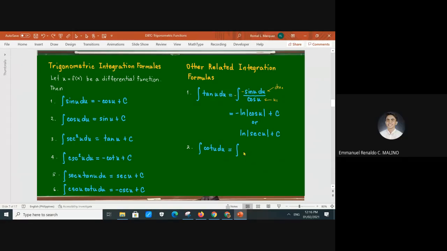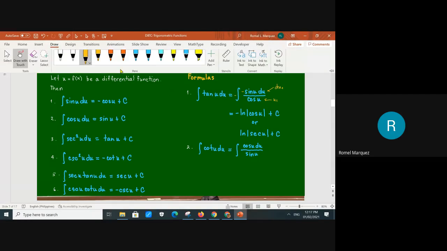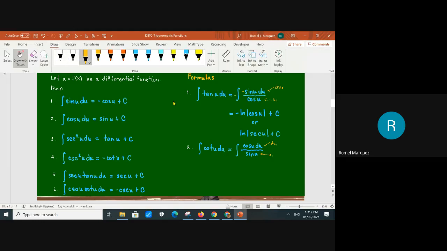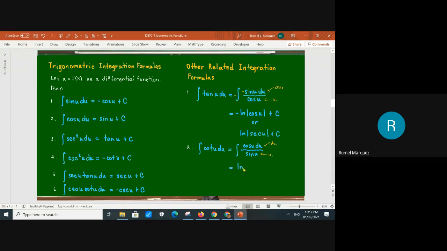Sir, cosine u over sine u multiplied by du. Okay, we have cosine u du over sine u, no? So the numerator is actually directly du over u now, no? So this is du and this is u. Okay, guys? So, no need to modify. That is equal to ln of the absolute value of sine u.